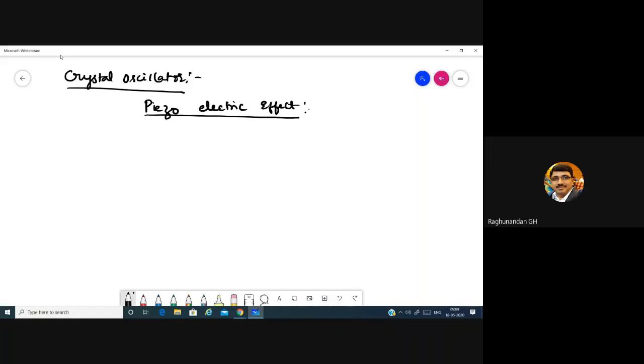As I told, this piezoelectric effect is easily available in nature. Also, we can synthetically manufacture it. Widely available crystal substances are quartz, Rochelle salt, and tourmaline.